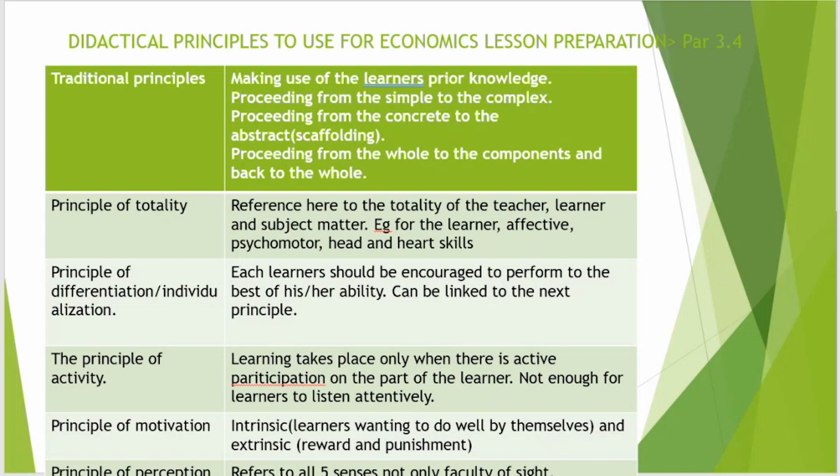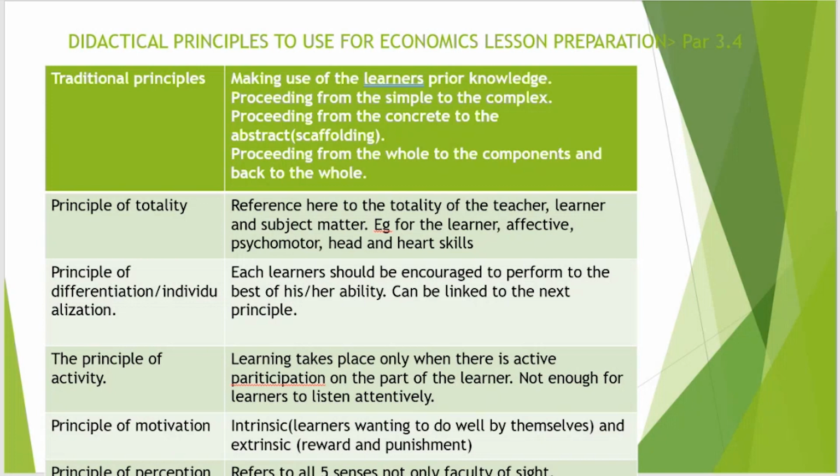So you need to read through your course carefully if you get such a question. You must make sure that you don't answer incorrectly. Perhaps it is stated there in the course, the second principle under traditional principles, or the second step, is proceeding from the complex to the simple. Now, teaching doesn't work that way.